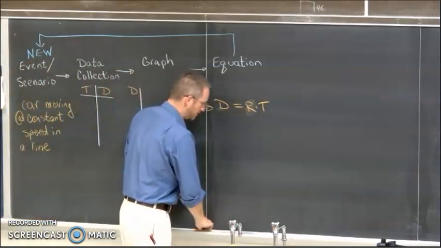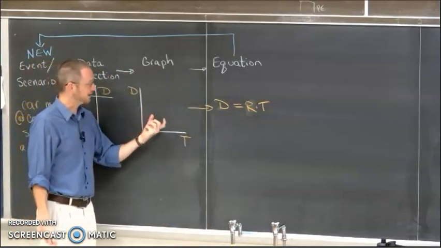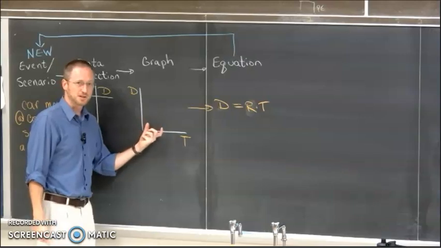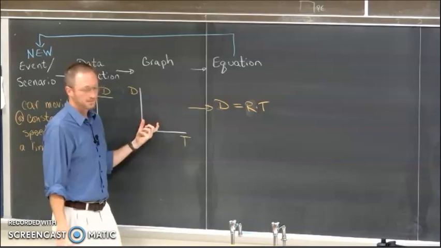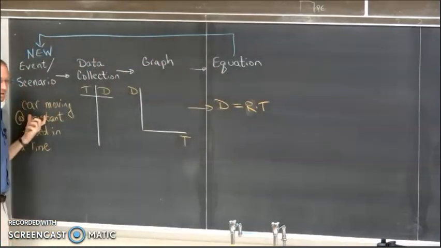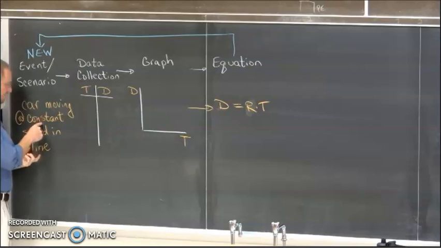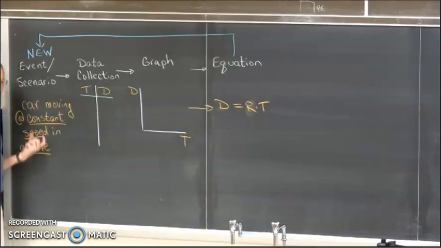Now, if our equation is already pretty good, meaning the dots followed a very solid pattern, and the equation does a good job of approximating the dots, then when we use that equation to try to predict the next new event, as long as that event follows the same pattern, an object moving at constant speed in a line, it doesn't have to be a car, any object, constant speed in a line, those are the key features here.